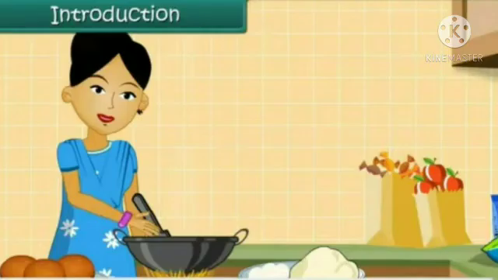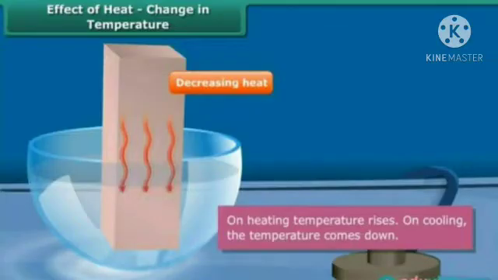Why does the mother wrap cloth around the end of the spoon while stirring the boiling milk in a large kadai? Why does this happen? Because the heat is passed from one end to the other end. When we take a hot object in the vicinity of a cold one, the cold object becomes warm and the hot one becomes cooler.